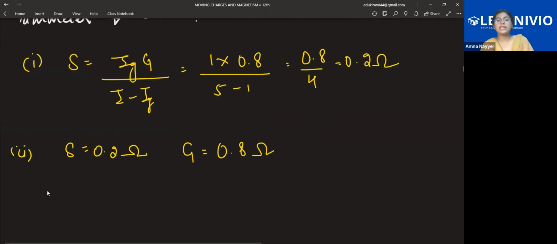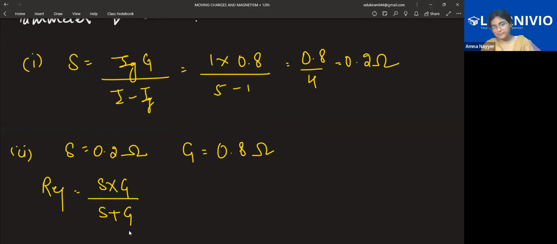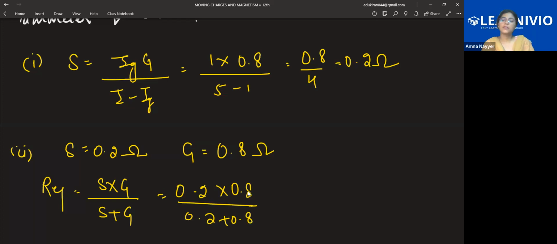We know they are connected in parallel, so R equivalent will be S into G divided by S plus G. So this is 0.2 into 0.8 divided by 0.2 plus 0.8, which is 0.16 divided by 1. So this is 0.16.